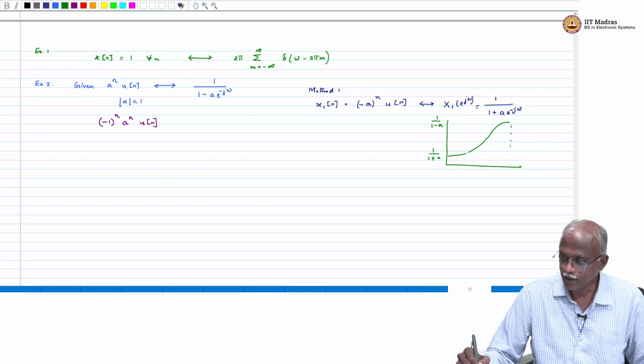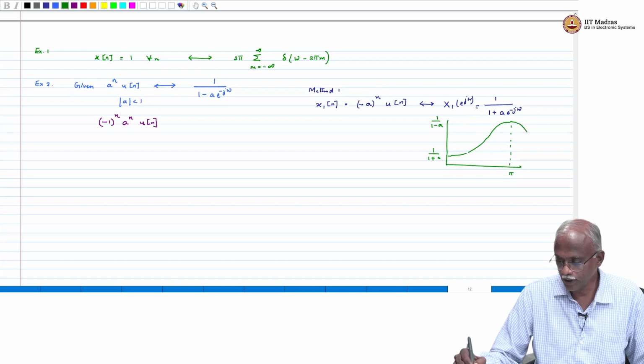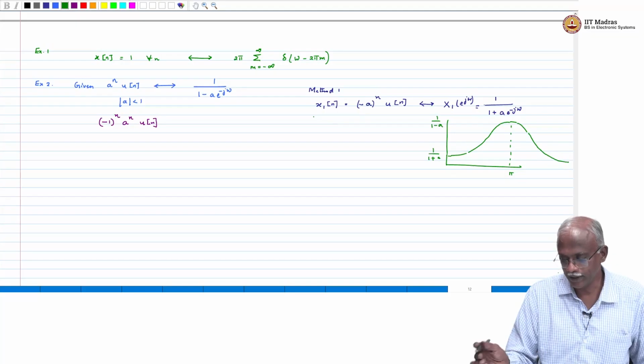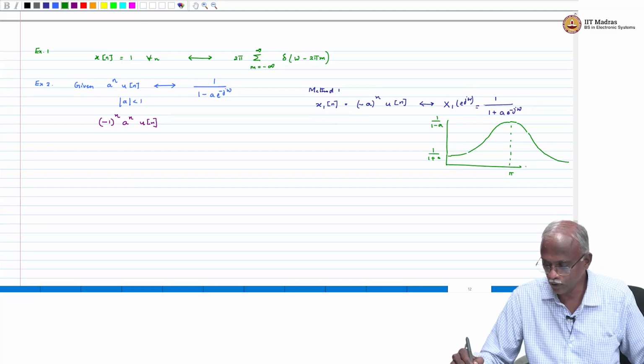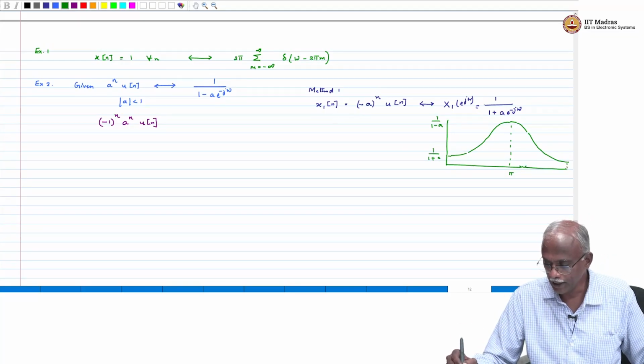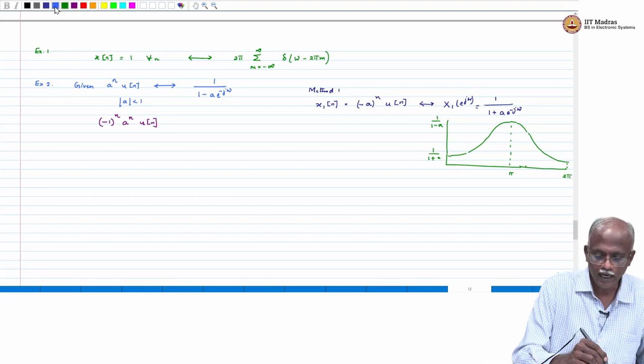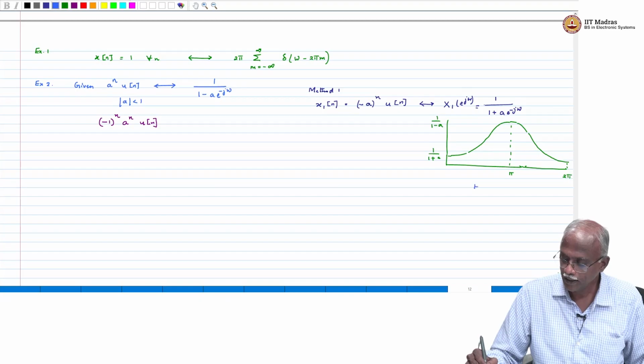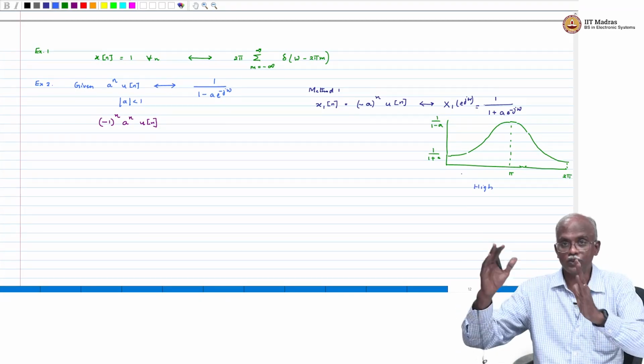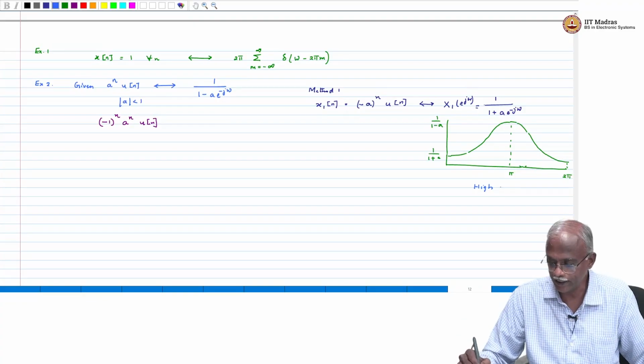So, this is the value at omega equal to pi. Okay, and by symmetry, you can extend it beyond pi to this value. You can also extend it on the negative side, does not matter. You can go over the entire period. This you can say is 2 pi. Okay. So, this is a high pass filter. It allows high frequencies to pass through with gain. The low frequencies are attenuated.